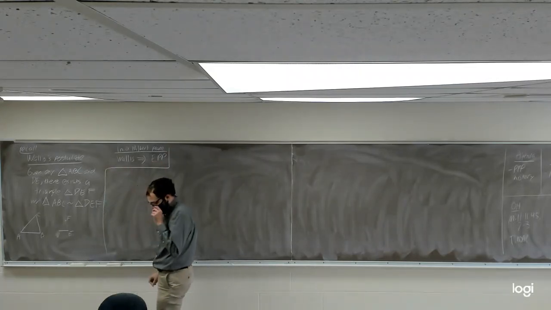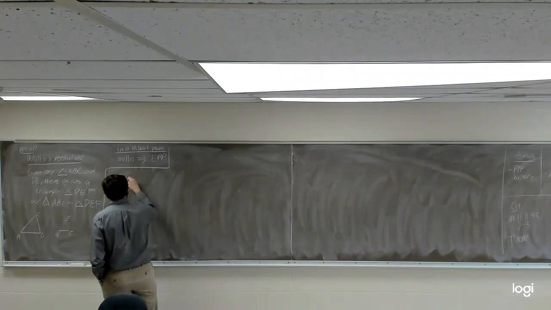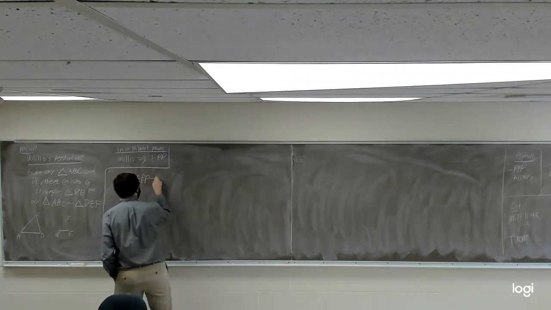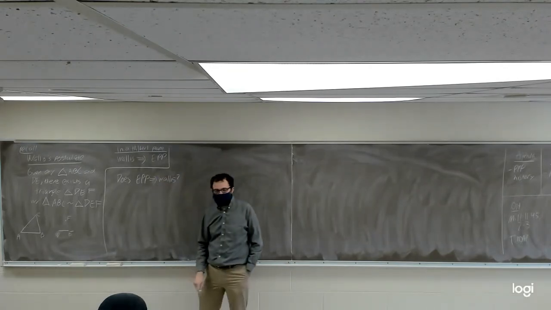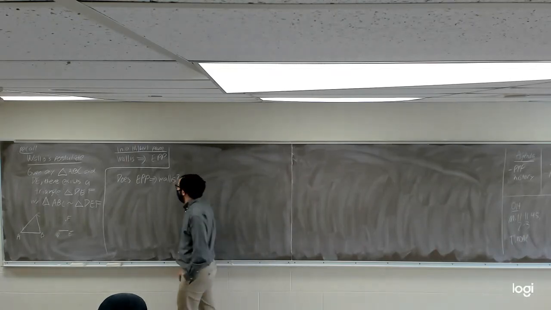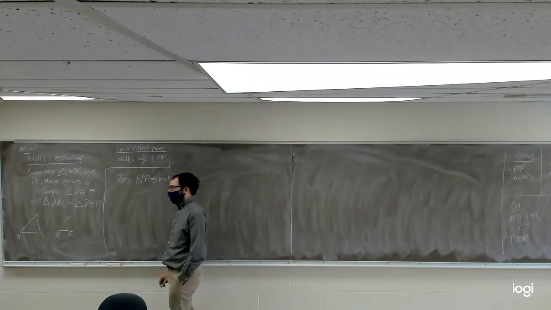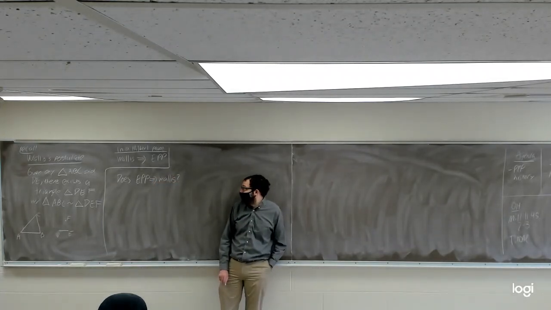If we flip to the next page of the packet, I have a question. Does the Euclidean parallel postulate imply Wallace's postulate, do you think? Meaning if we're working over a Euclidean plane, is it necessarily true that Wallace's postulate has to hold?